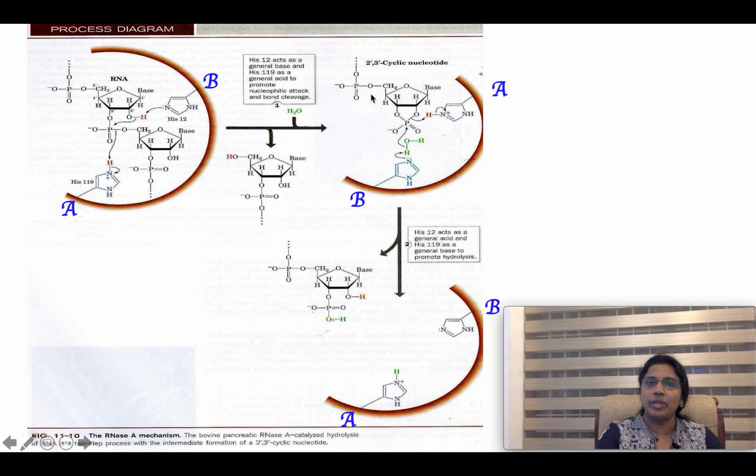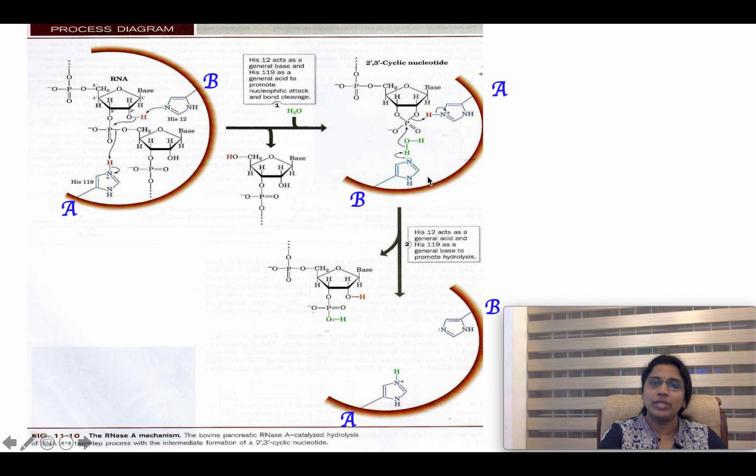Here the 2' 3' cyclic nucleotide is formed, with histidine 12 in the protonated form and histidine 119 in the deprotonated form, and this cyclic nucleotide is the intermediate, which is stabilized by lysine 41. The second step is hydrolysis of this 2' 3' cyclic nucleotide, and that involves a water molecule.